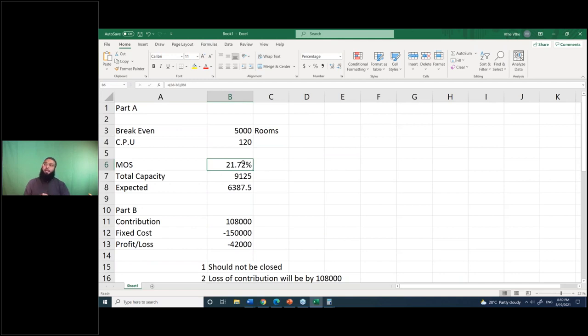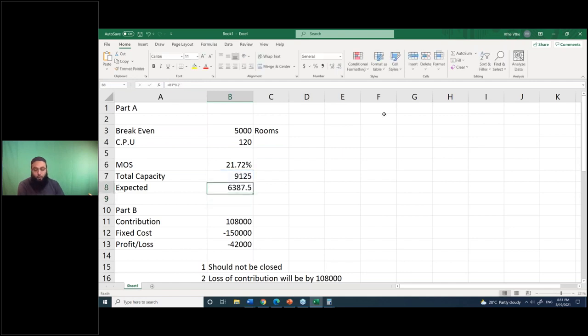So the increase in margin of safety is good or bad for you? It's good. It's a safer option. It's more safe to have high percentage of MOS, and the reason is your sales is up. Your sale is expected to go up from the previous one, because previously you were operating at how much capacity? 70% capacity.